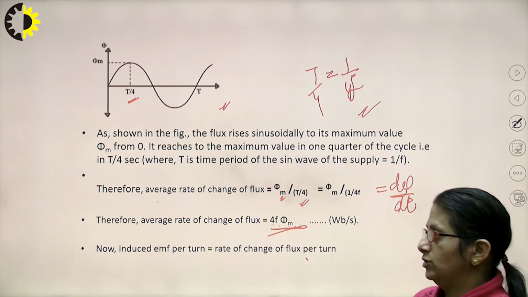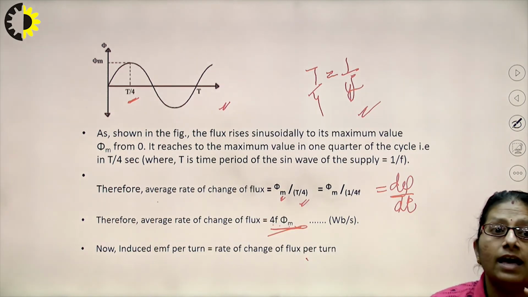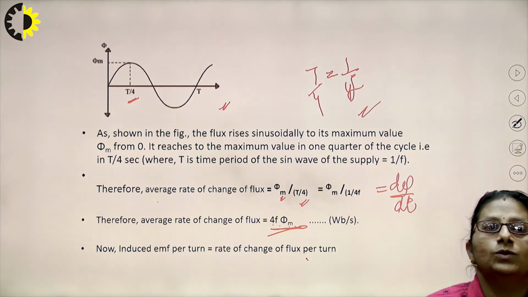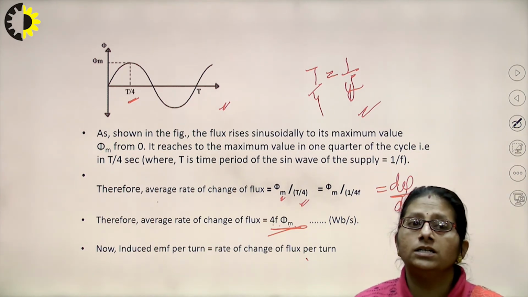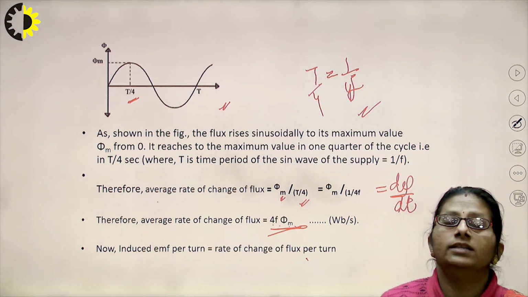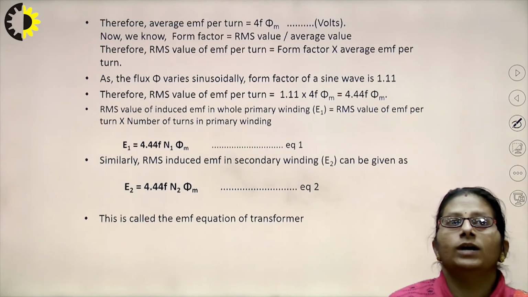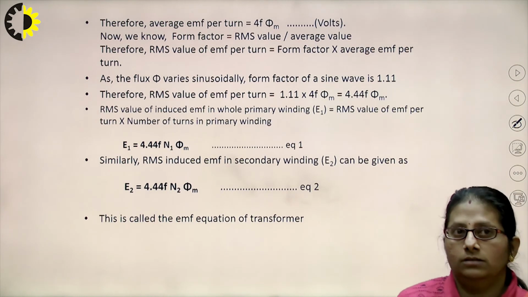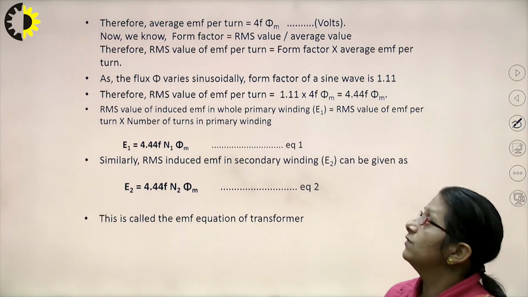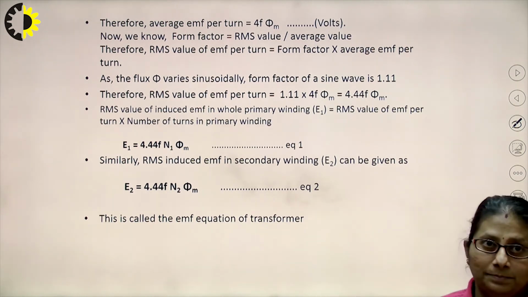This is the average rate of change of flux, and so this is the average EMF. The induced EMF per turn should be equal to the rate of change of flux per turn, so the average EMF per turn is 4f phi m.